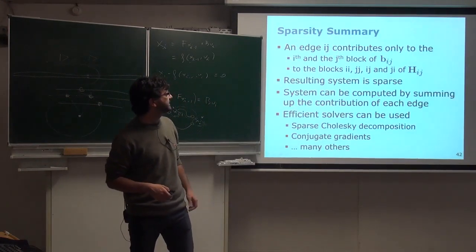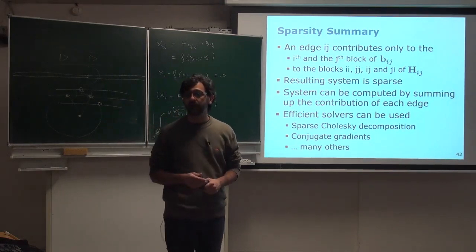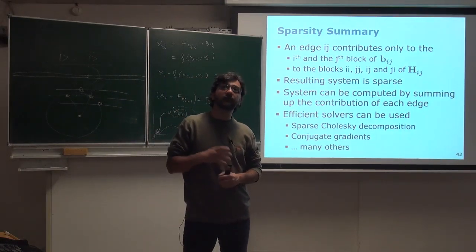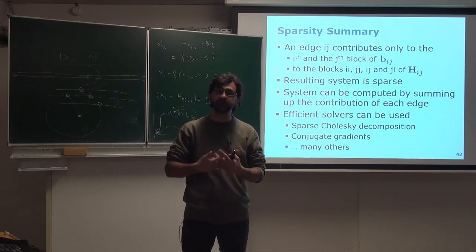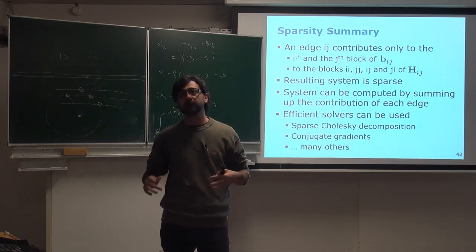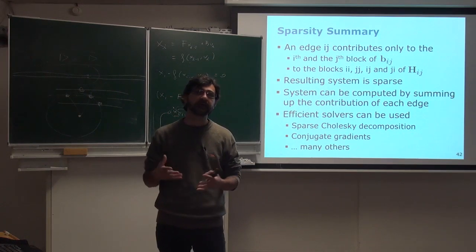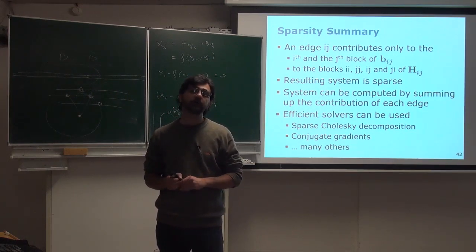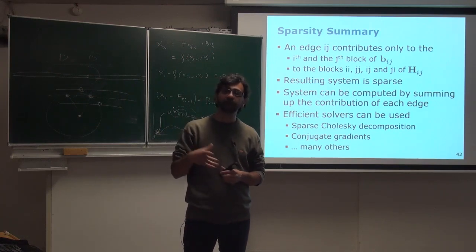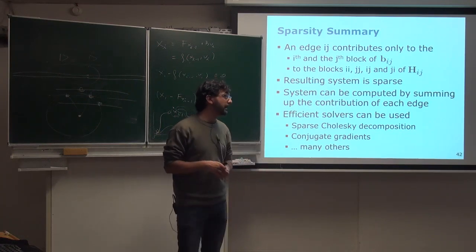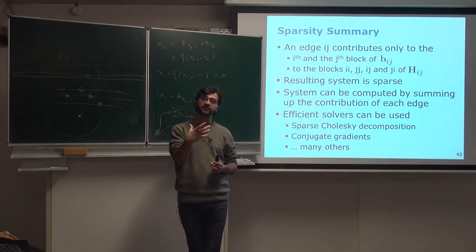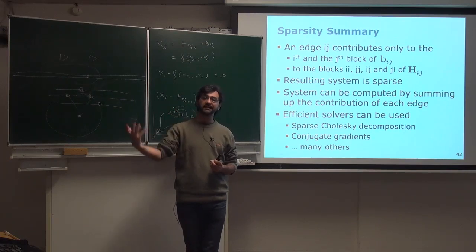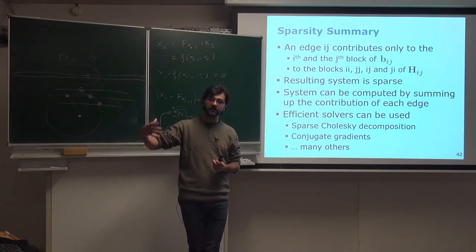But the important thing is that solving this system is actually very quick, because for a sparse system we don't need to invert the matrix to solve the full system, but we can exploit decompositions which run in linear time, like a sparse Cholesky decomposition, or we can also use other methods like conjugate gradient to solve the linear system. So basically we have a complexity that goes from being quadratic in the size of the problem to something which is linear, or a bit worse than linear, with sparse problems. Okay?